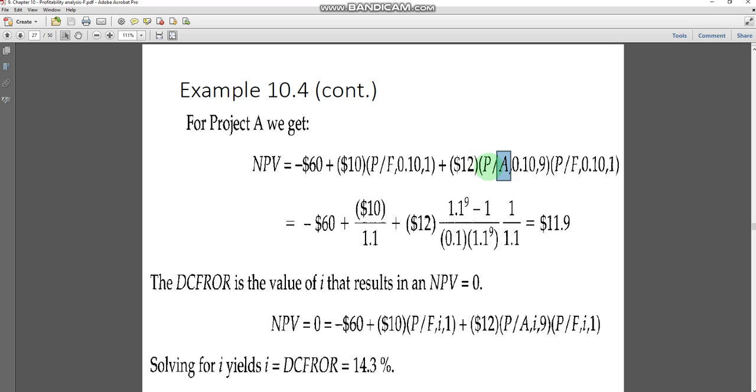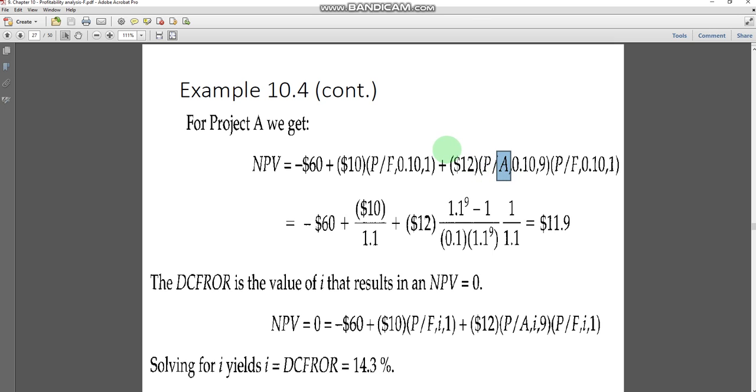So we will use the equation P/A, where i is the interest rate and n is the number of years. P/A = ((1+i)^n - 1) / (i(1+i)^n). You can see that equation in chapter number 9.